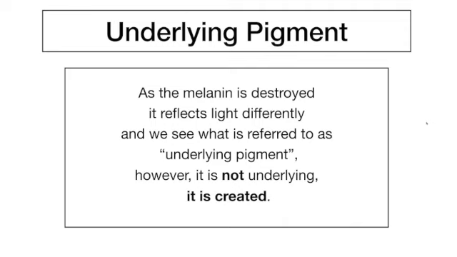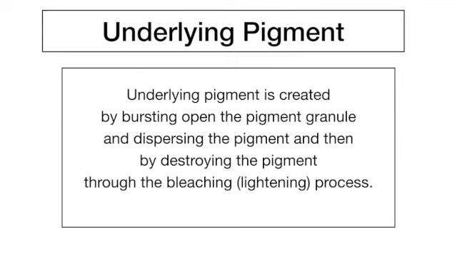Okay, now Luke said, when I say contributing pigment, you mean pigment that is created when you react permanent hair color with natural color. That's one of them, but let me explain something a little bit better here.